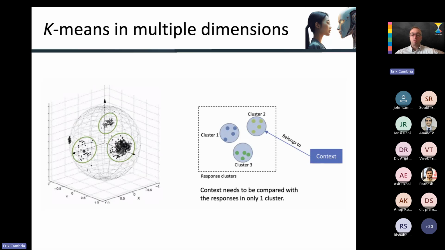So a very good way, for example, if you have a lot of documents with a lot of words, so you end up with many hundreds or maybe even thousands dimensional space, you can use k-means to see which groups of documents are more similar to each other, which document belongs to each cluster, even though you don't have any labels, if nobody told you which classes these documents belong to.